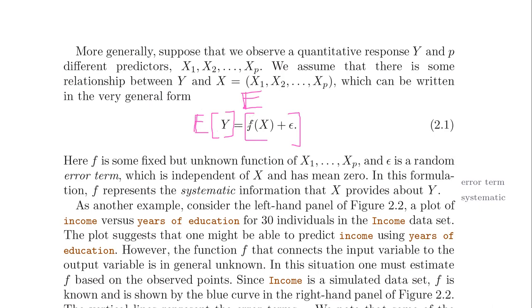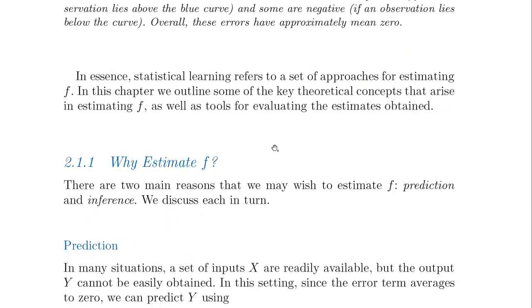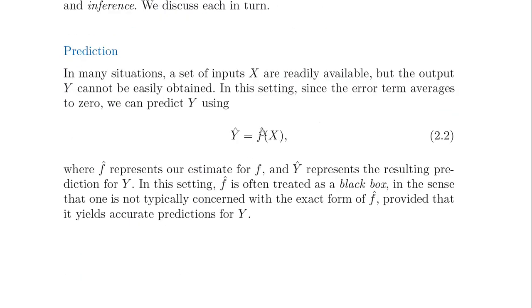So I may take the expectation of each term individually, and this means I can drop this term because the error term is going to have a mean of 0. So what should I expect? Well, if I know f hat, which is our estimate for f, y hat represents the resulting prediction for y. It's what you should expect.